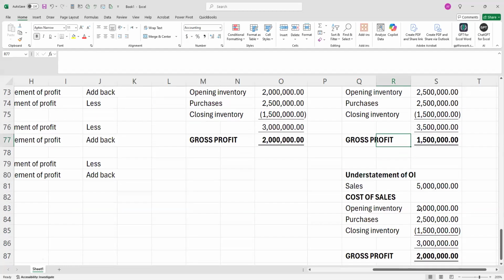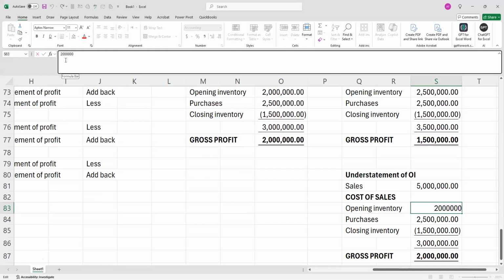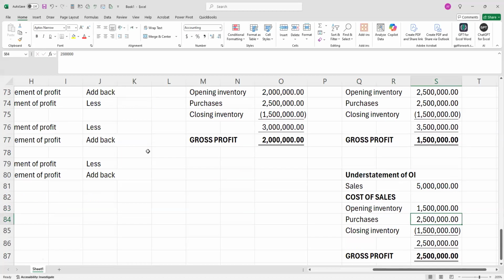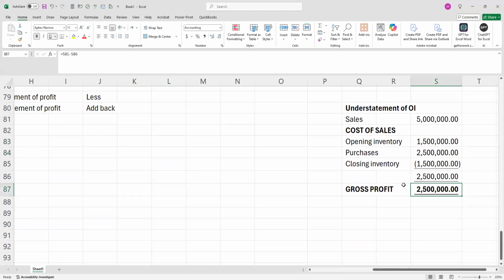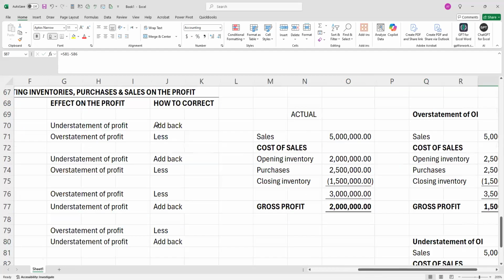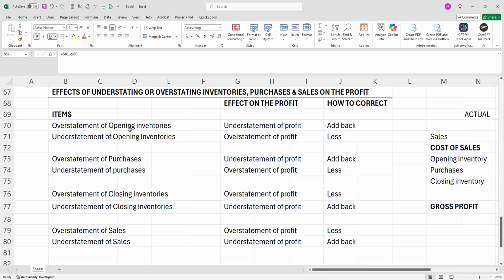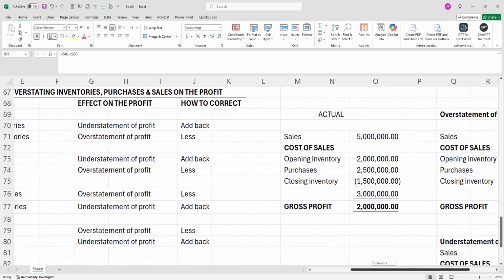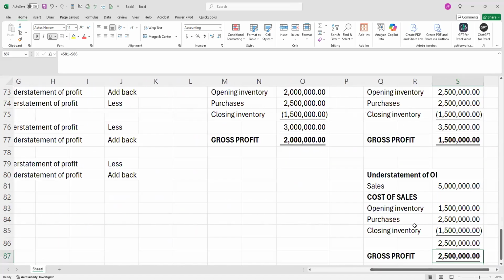Look at this effect. Instead of us having the original 2 million, we have 1.5. See the effect, we overstate our profit. Exactly what Mwalimu was giving us here. Overstatement of opening inventory will lead to understatement of profit. If you understate, it will lead to overstatement of profit.